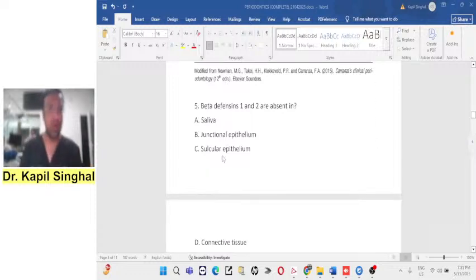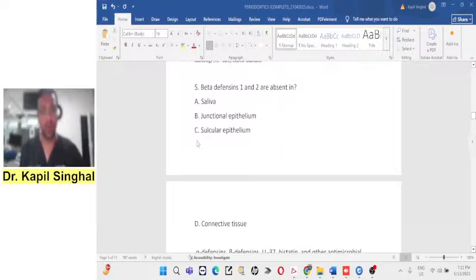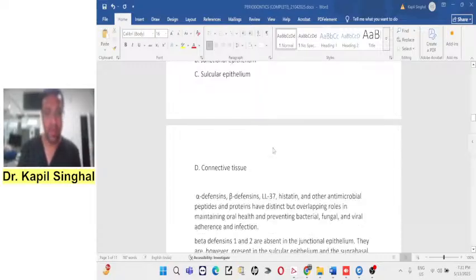Now the next question was: beta defensins 1 and 2 are absent in, and the options were saliva, junctional epithelium, sulcular epithelium, and connective tissue. First of all, to know this, you need to understand what beta defensins are. Beta defensins are immune factors in our body that protect the oral environment from different bacteria, fungal infections, and viral infections.